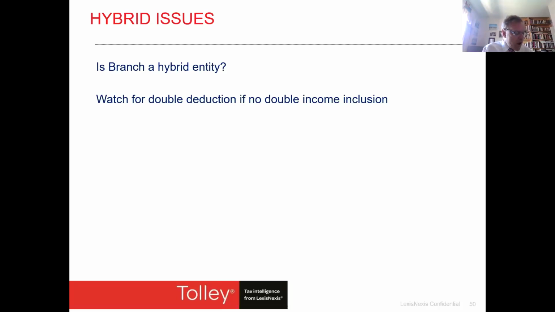So let's say I've got 100,000 of costs. Can I take that against the tax in the branch country and also where the main head office is? Well, potentially you could do that, but you have to have two lots of income. What you can't have is two deductions and only one corresponding form of income.